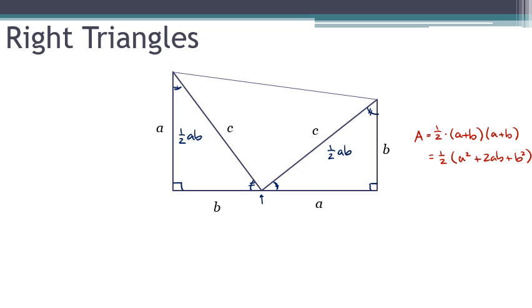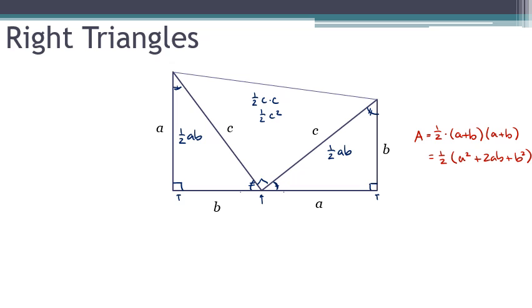Because this is a straight line here on the bottom, the base of the figure, this must be 90 degrees. It must be the same as this angle from the other two triangles. That means the area of this triangle is 1/2 C times C, which is 1/2 C squared.